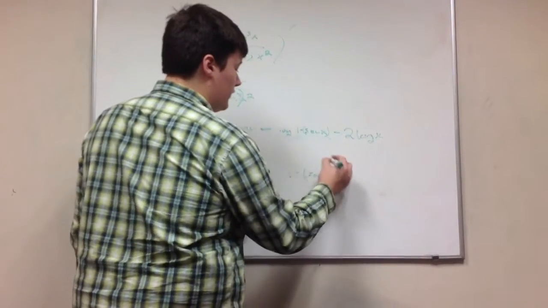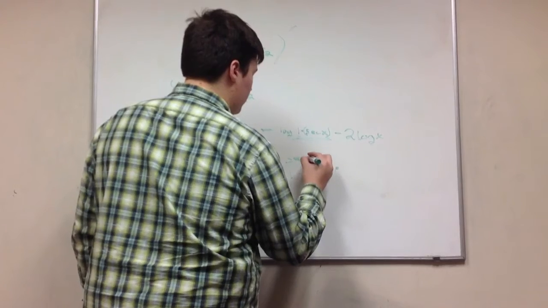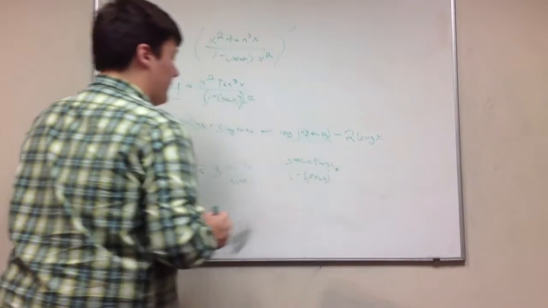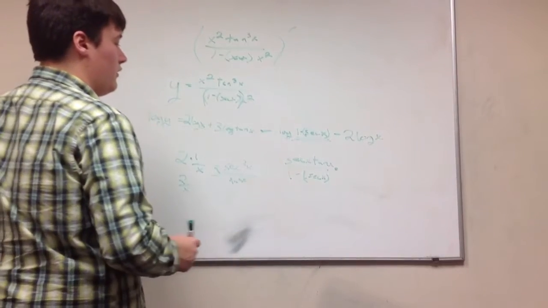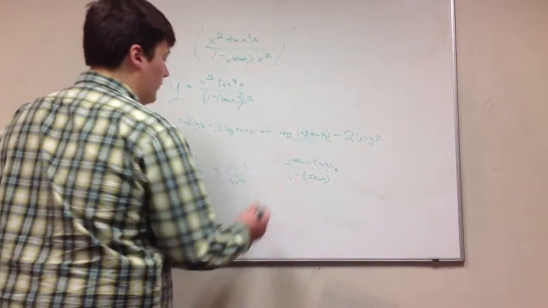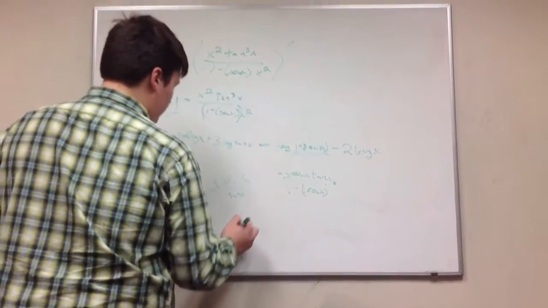The derivative of secant is secant x times tan x, and the derivative of 1 is 0. So we have 0 minus that. So this is negative.